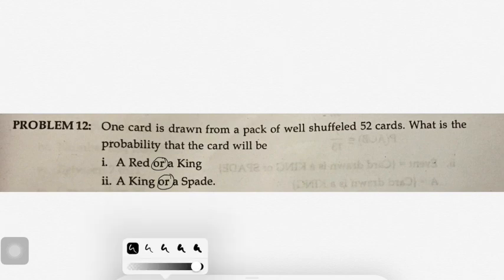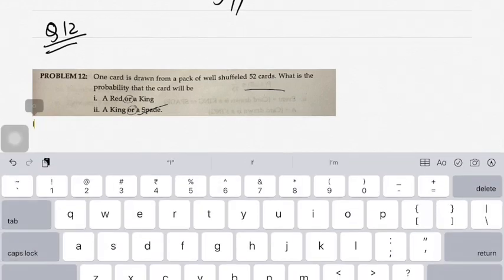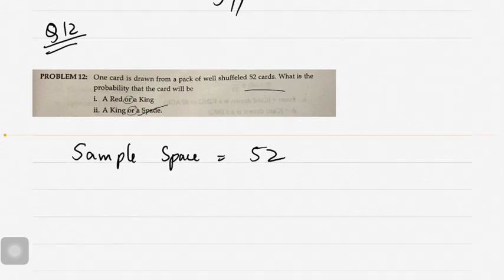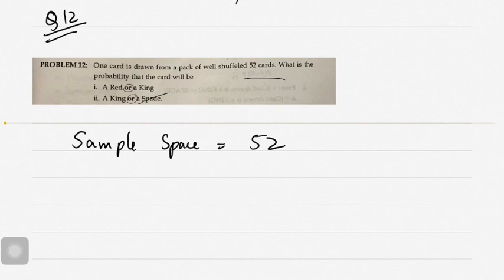So sample space is 52. It is already given in the question.